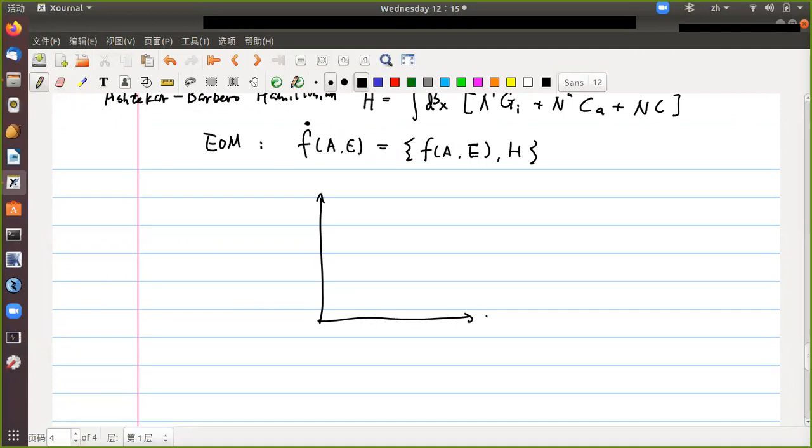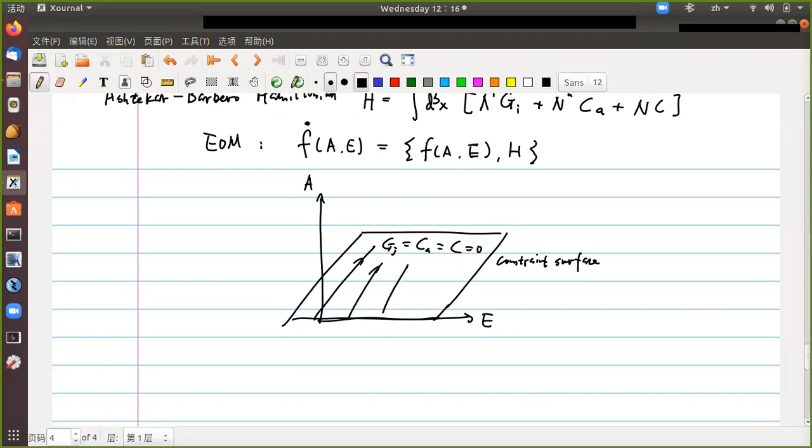And you have the constraint surface, on which G_j equals C_a equals C equals 0. This is the constraint surface, and on the constraint surface you also have gauge orbits.